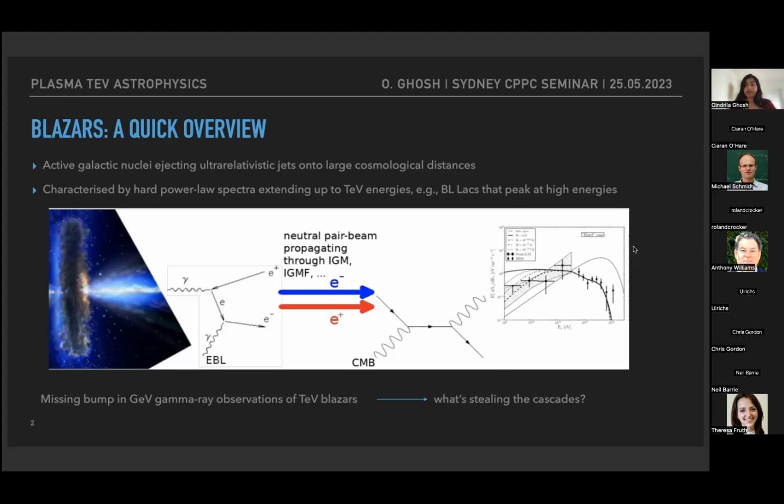So the natural question is either what is stealing these cascades, or is there something in between that's happening that we do not understand?